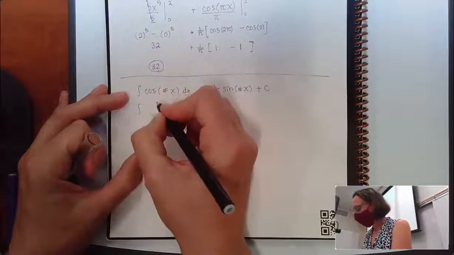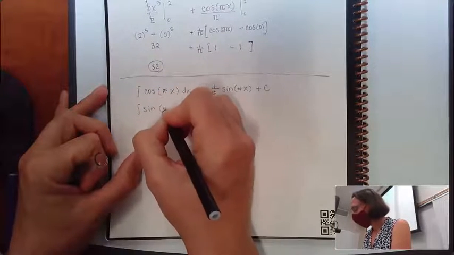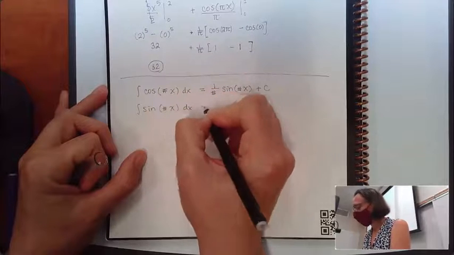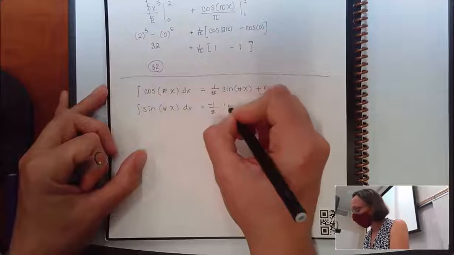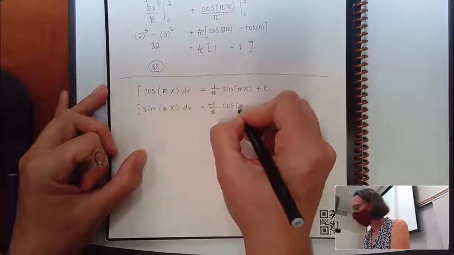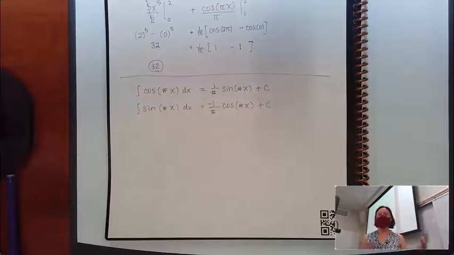If I integrate sine of some number times x dx, I get 1 over that number times negative cosine of that number times x. Now we didn't need that negative in the previous problem because it was already part of my question.